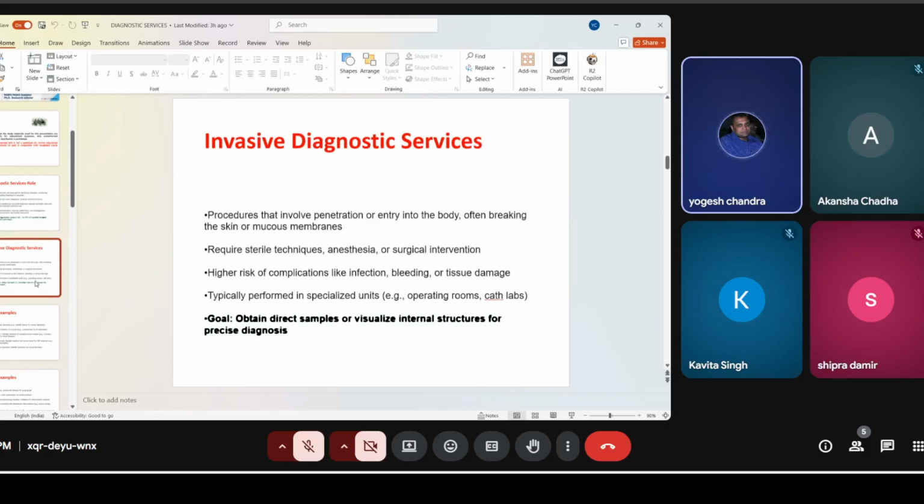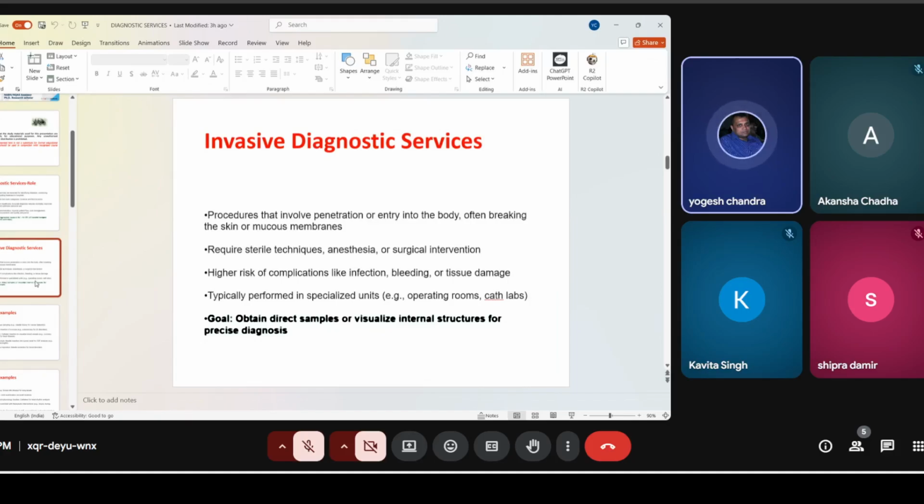Or sometimes in these diagnostic procedures, if you are taking a biopsy, there is a chance of tissue damage also. Sometimes bleeding may be there if you are taking a sample, because of improper technique or a person who is not properly trained.